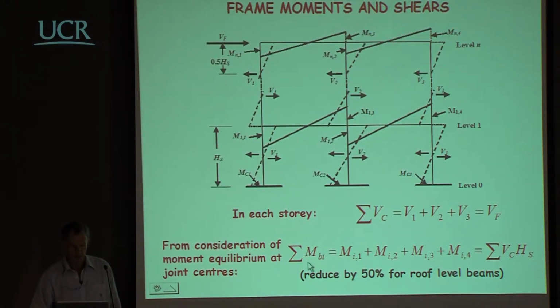And at the joints, we can say that the moments at any one level, which is the sum of this moment, plus this moment, plus this moment, plus this moment, so that's the four critical moments at the different locations along the beam, is equal to this constant shear times the story height. So we have a lot of information for this right from the start.